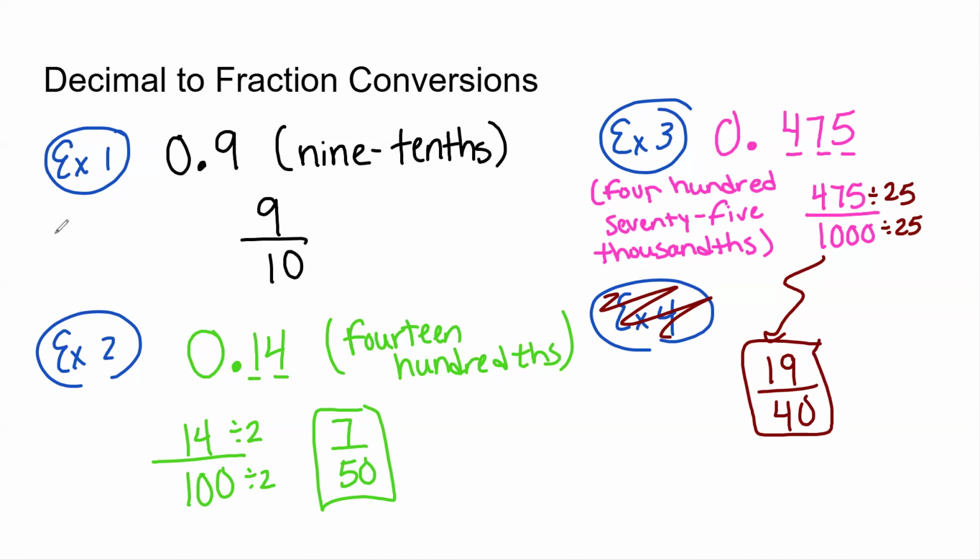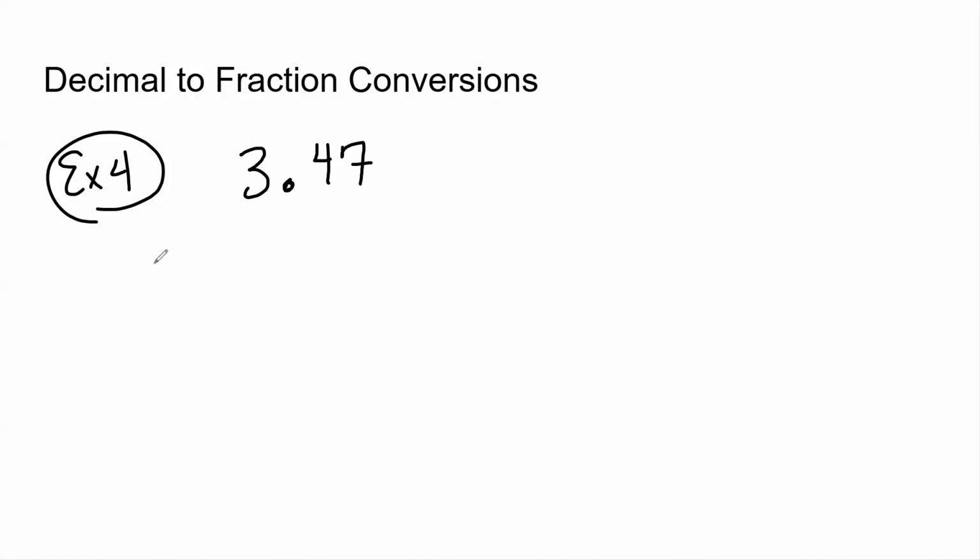Now you'll notice that all of those had a ones place of 0. We can do it when it's not 0. So this will be my example 4. Let me do 3.47. So again, if I was at the grocery store and I bought 3.47 pounds of apples, that's how I would say it.